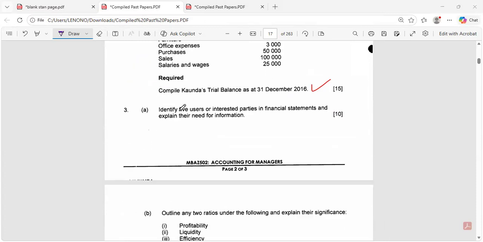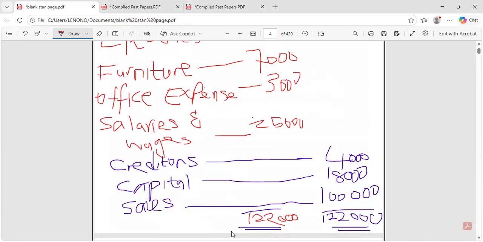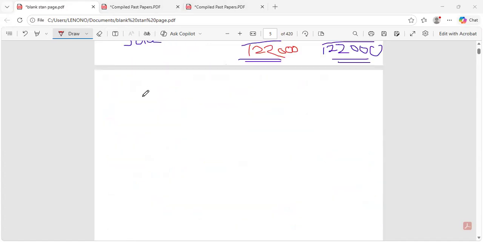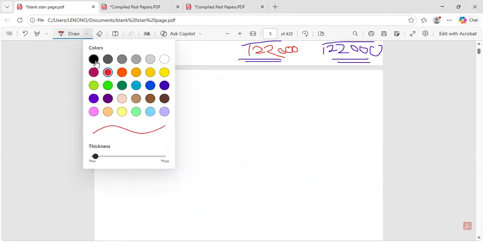Then identify 5 users interested in financial statements, 25 marks, and explain why they need financial statements. You can identify one of them. Users of financial statements. Who are they?